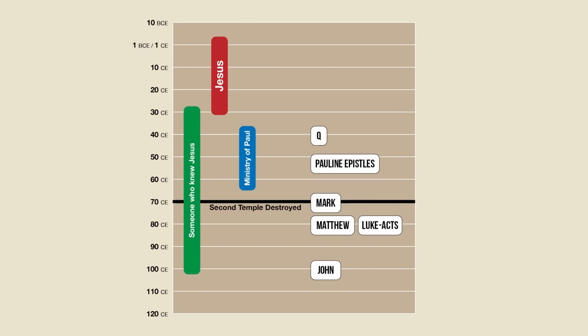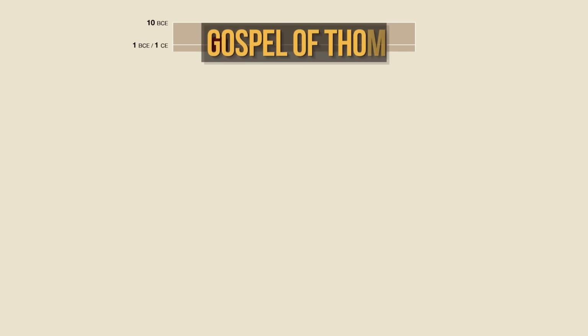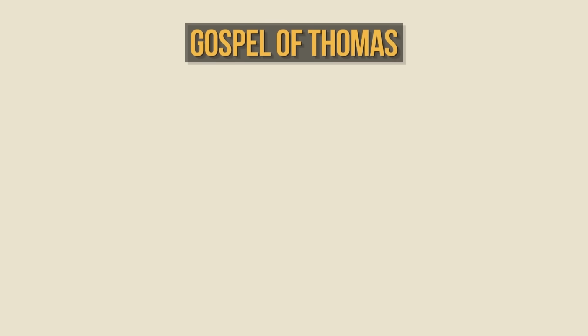Now, before I go, I want to address one more topic. Since I won't be doing a separate episode on the New Testament Apocrypha, I thought I'd bring up the most famous gospel that didn't make the final cut. The Gospel of Thomas. The Gospel of Thomas is one of many other non-canonical Gospels that still exist.